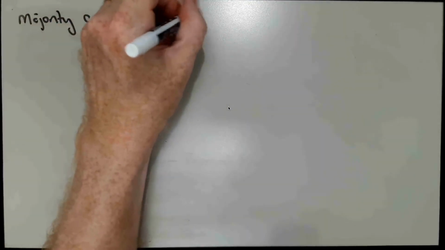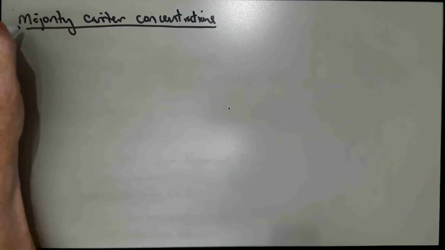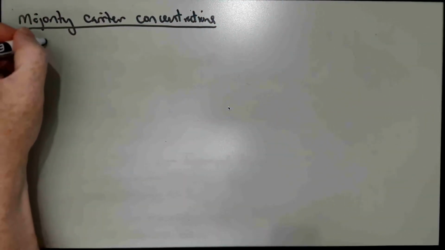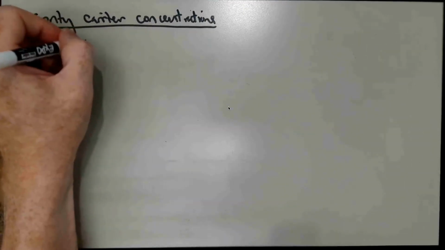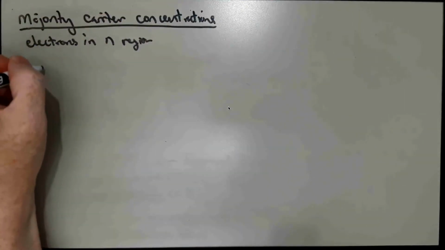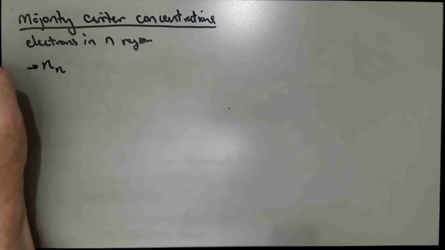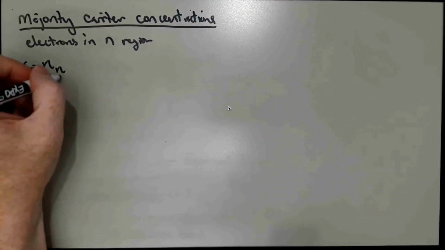Okay, so majority carrier concentrations. For electrons in the N region, we denote that concentration by N sub N. So this is the carrier, and this is the region.